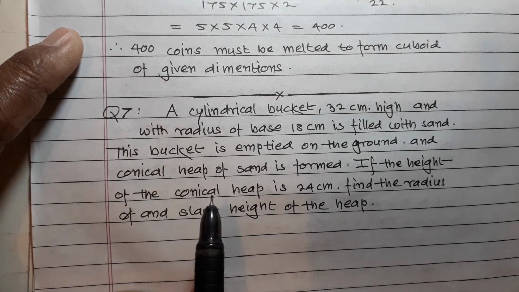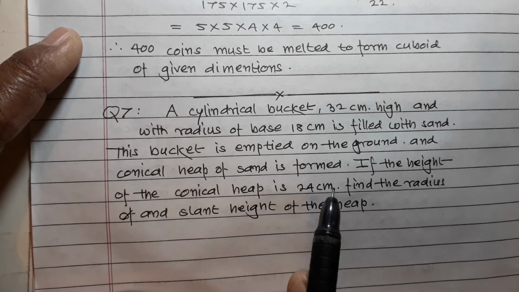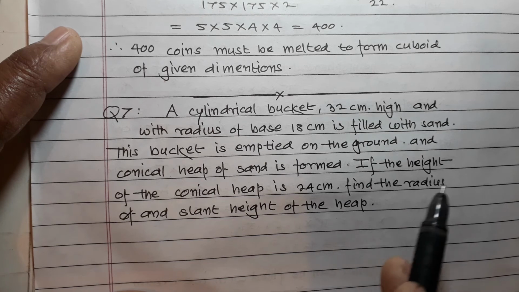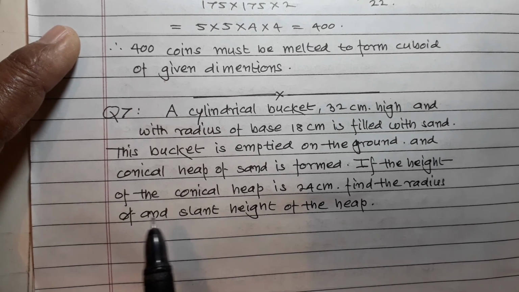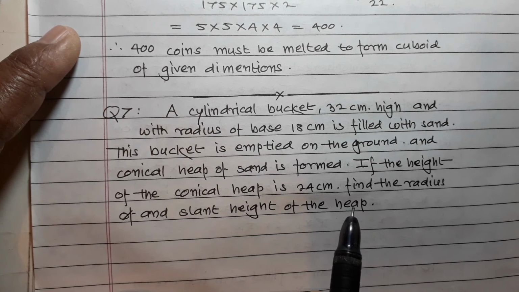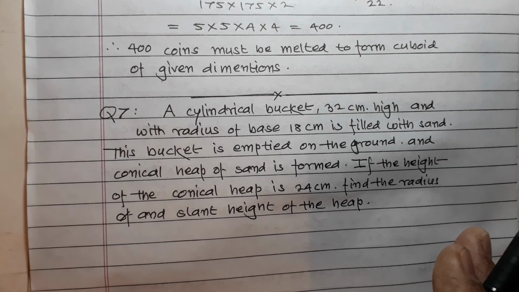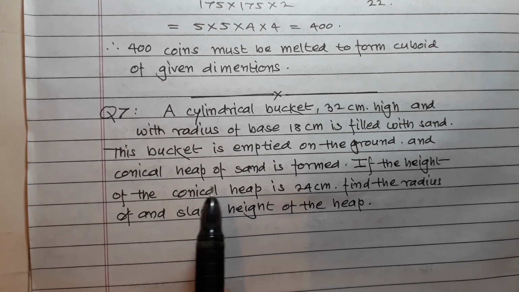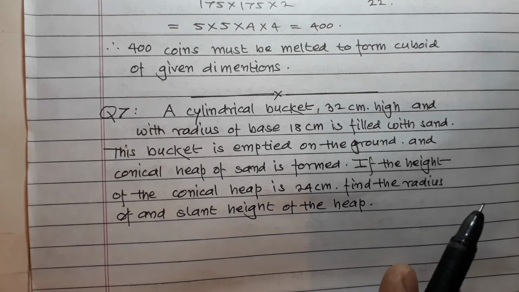If the height of the conical heap is 24 centimeter, find the radius and slant height of the heap. Now the answer of this question I will describe in the next lecture. Today it is enough.